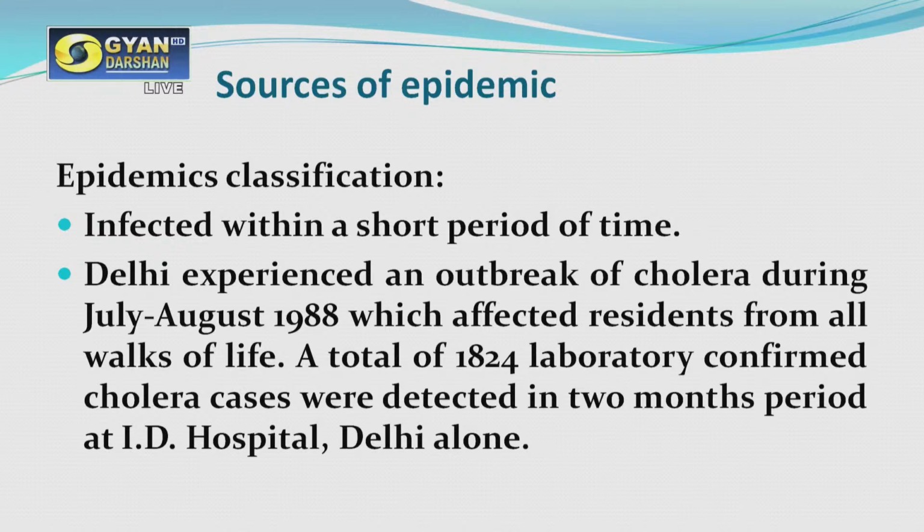So this is one of the examples of how, in a shorter duration, a large number of people were affected with a similar nature of illness, and every laboratory confirmed that these are cases of cholera.